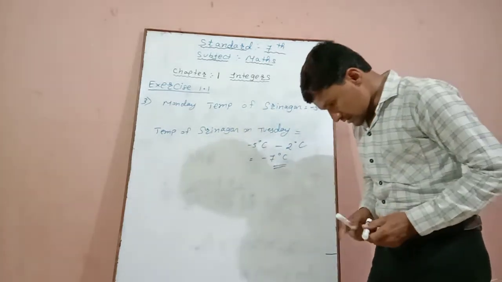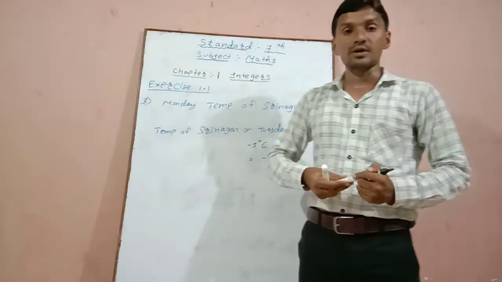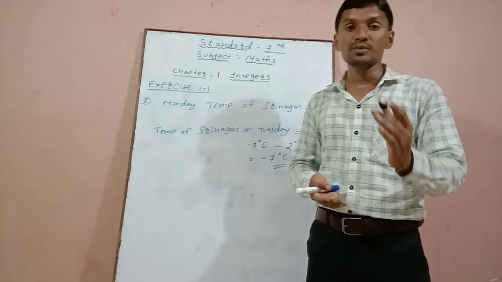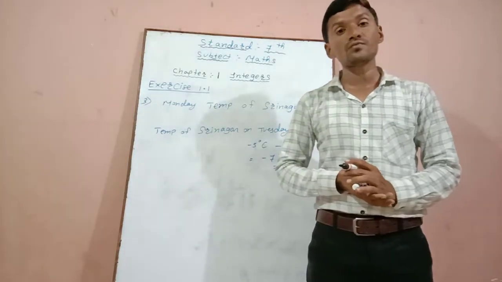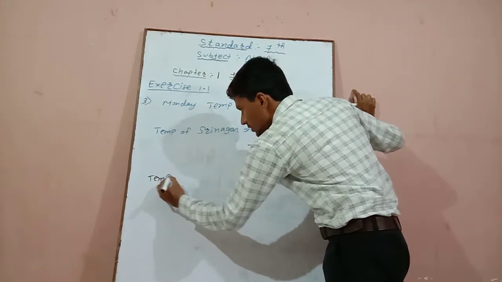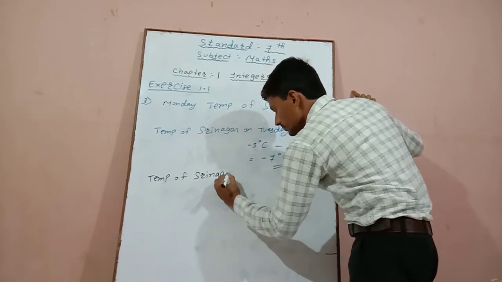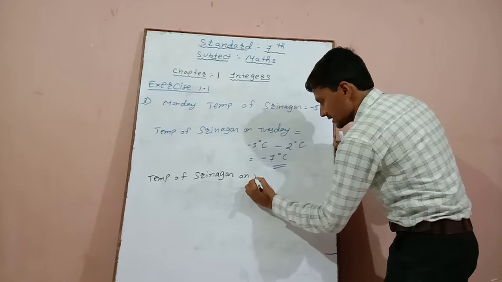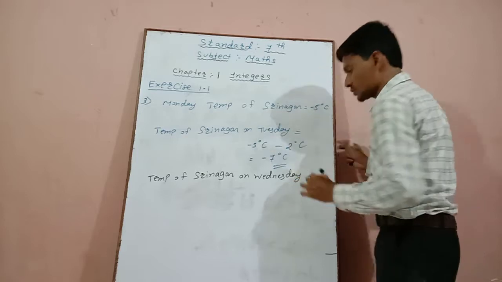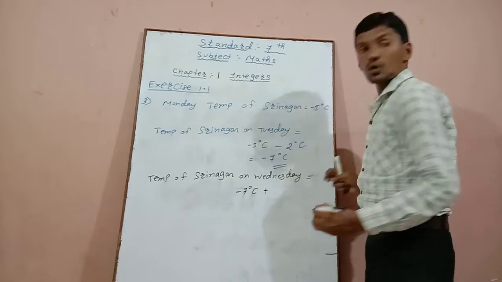And now, on Wednesday it rose by 4 degrees. Tuesday's temperature is minus 7 degree. Now on Wednesday it rose, meaning the temperature increased by 4 degrees. So the temperature of Srinagar on Wednesday is equal to the temperature of Tuesday, minus 7 degree, plus, rose means add.